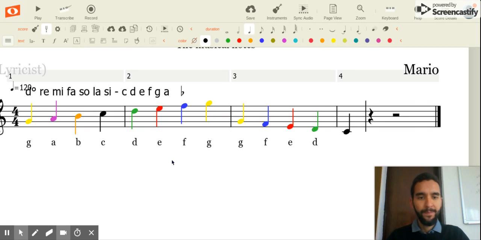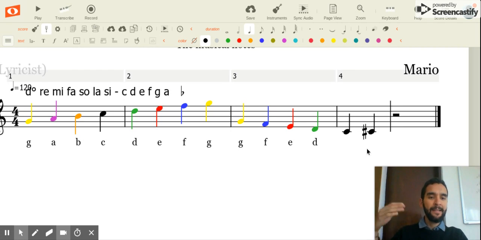So for example, in the case of the C, the next note will be again the C, but in this case it will be C sharp. That means that I put this symbol. This symbol in music indicates that it is a sharp.